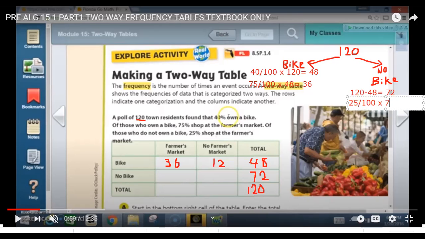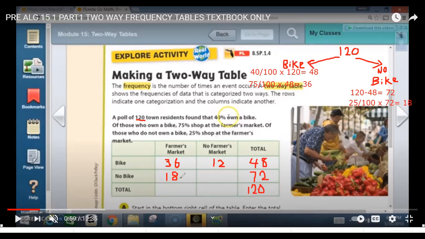Yes. So the answer will be 18. Then I will put it here: no bike, but they bought from the farmer's market.